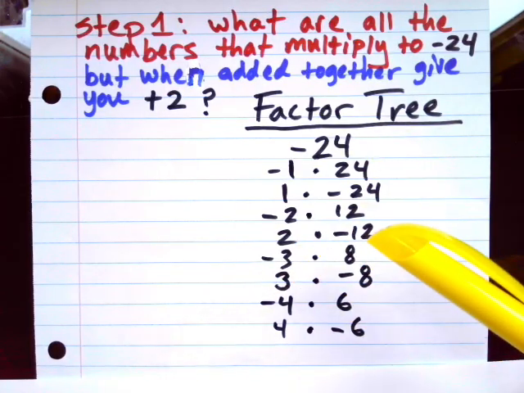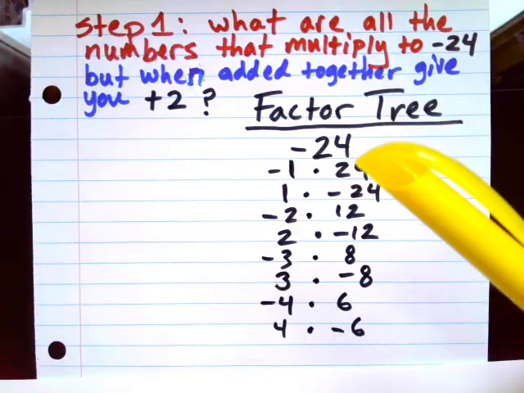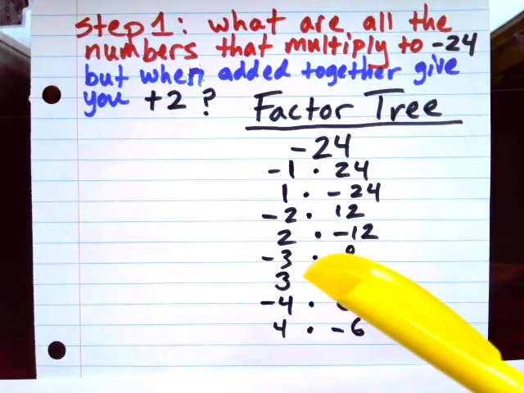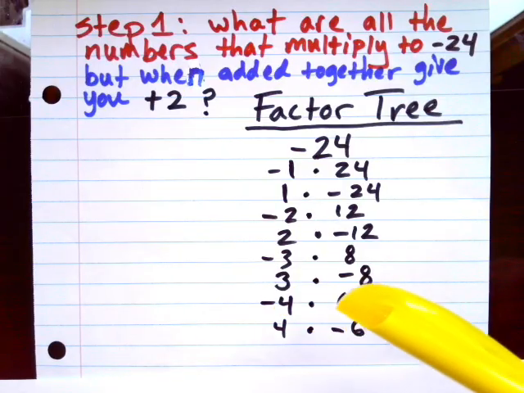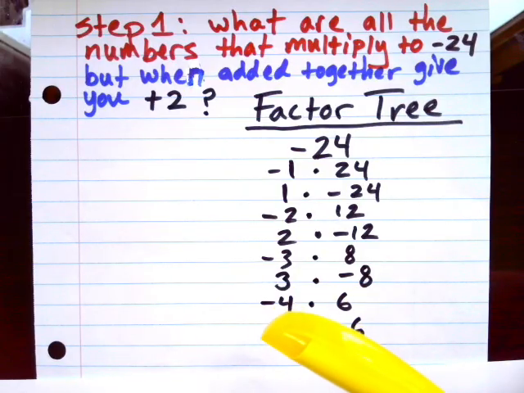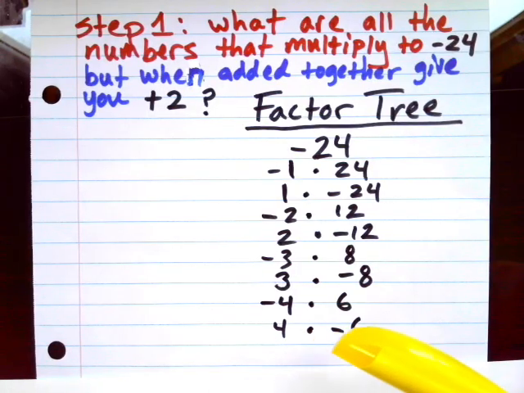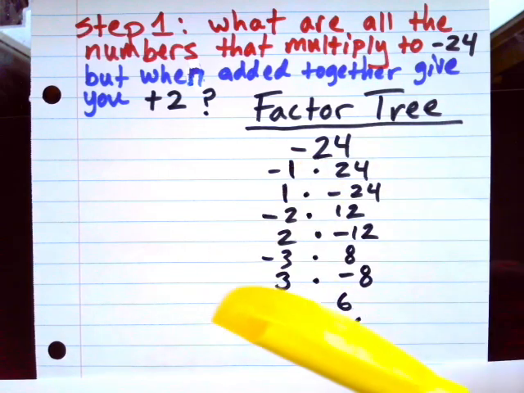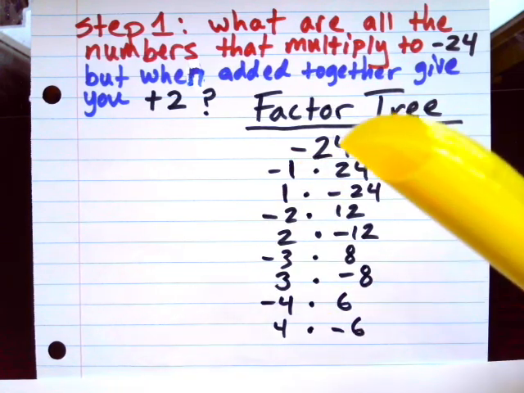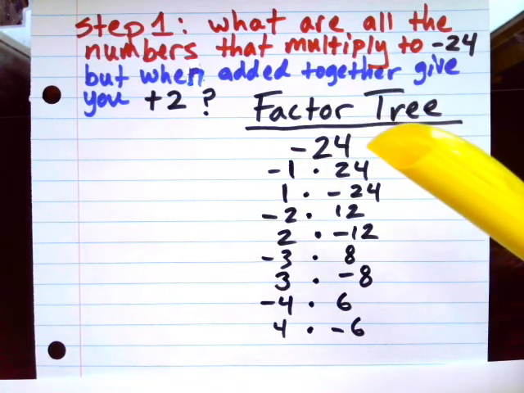Positive 2 times a negative 12 gives negative 24. Negative 3 times positive 8. Positive 3 times a negative 8. Negative 4 times 6 and a positive 4 times a negative 6. Every one of these pairs will multiply to a negative 24.